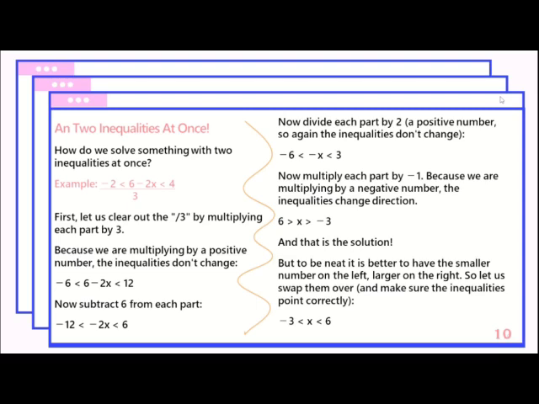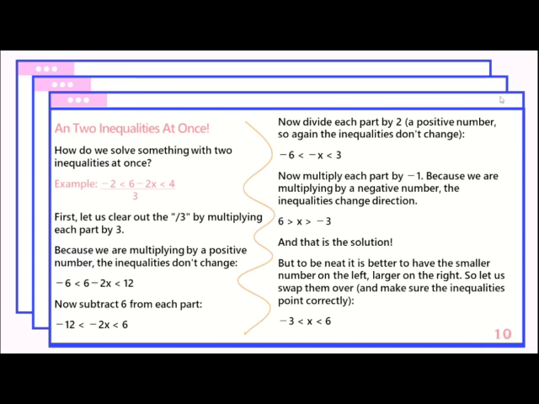So, 6 minus 2x greater than minus 6 less than 12. And then we subtract 6 from each part: minus 2x greater than minus 12 less than 6.